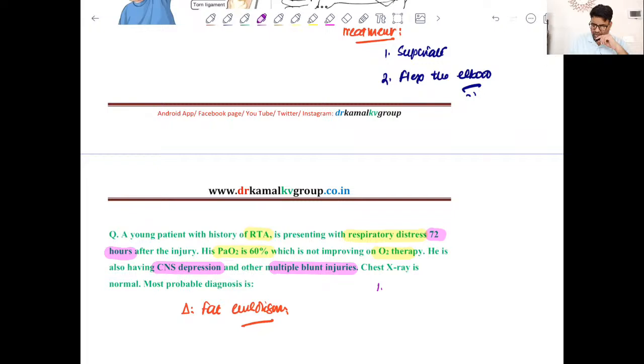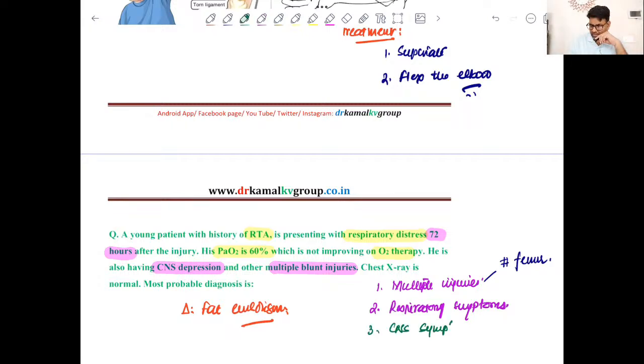So what you need to remember: number one, there are multiple injuries, right? Sometimes in the question they can specifically give you fracture femur, because that is the usual place from where the fat globules from the marrow of the femur get entry into the circulation, and then they can move to distant places, right? Then there would be respiratory symptoms. Clear? Then there would be CNS symptoms, and fourth and most importantly, you can see rashes also, right?